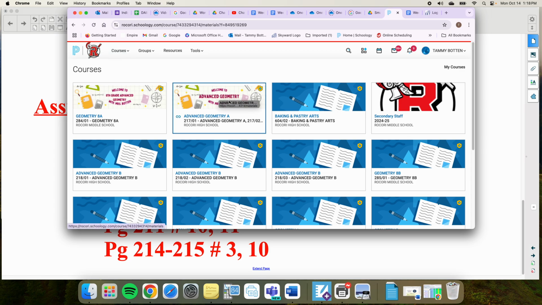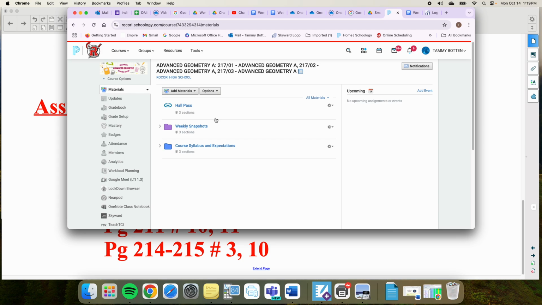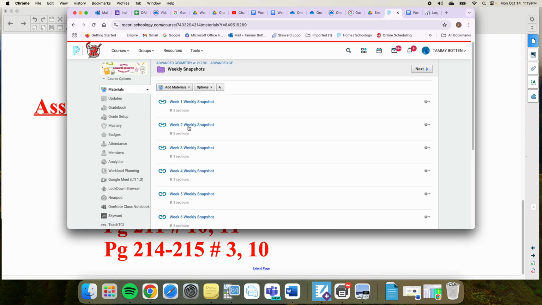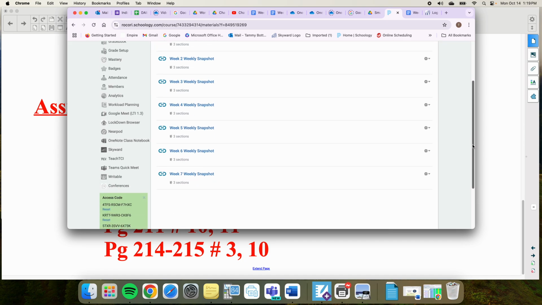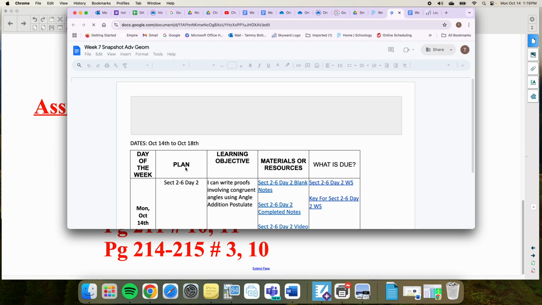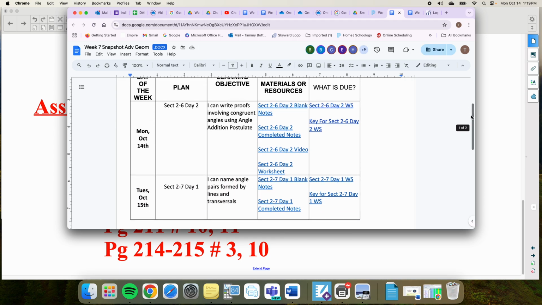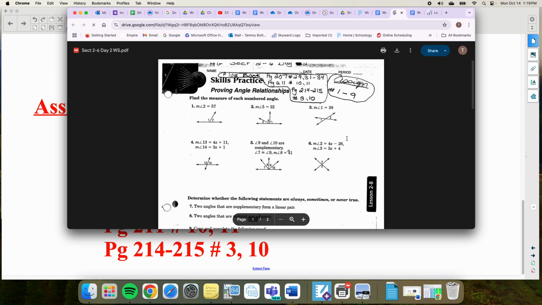And if you ever can't log in, remember that just means you're not logged in to your Google Drive. Then when you get on your course, you're going to go to the weekly snapshots. And right now we're in week 7. Okay. And then down here, the worksheet is right here. So you can open that up. And then I'll explain this.